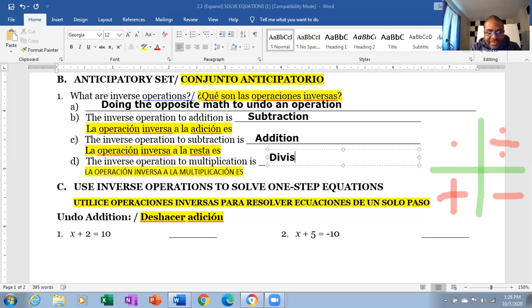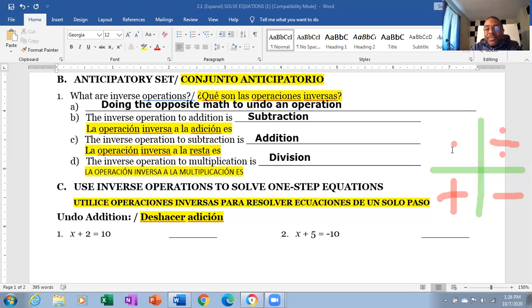Division. Okay, so the opposite, lo opuesta de multiplicación es división. La opuesta de suma es la resta. La opuesta de la resta es la suma.